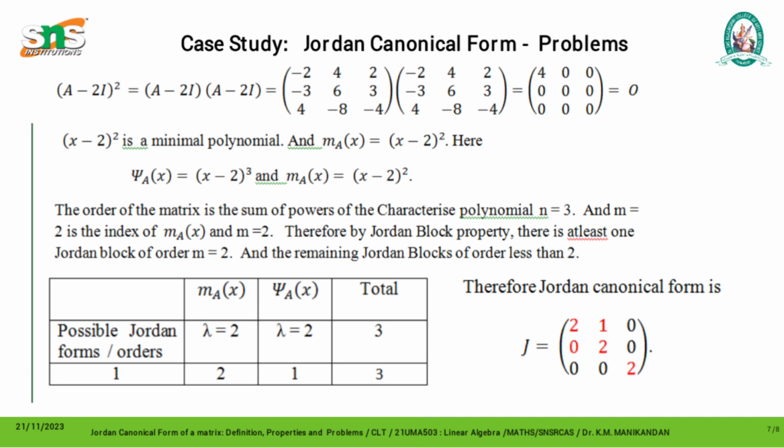By the minimal polynomial there is at least one Jordan block of order 2, which is constructed here as 2 1 0 2, and the remaining one will be only a single block. So J is 2 1 0, 0 2 0, 0 0 2.